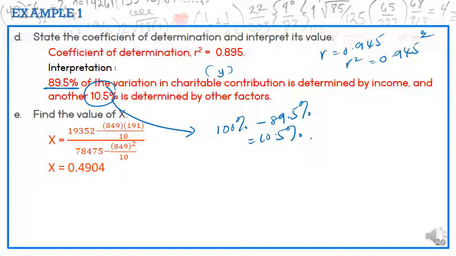Find the value of X. So, if you refer back to your SPSS output, X yang diminta adalah your B, slope coefficient.